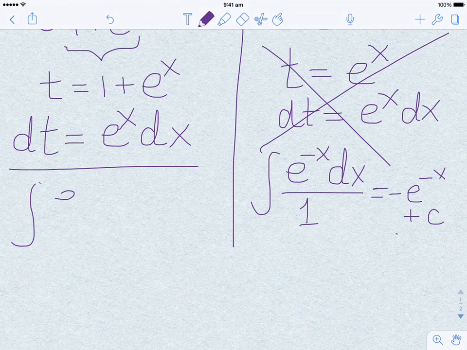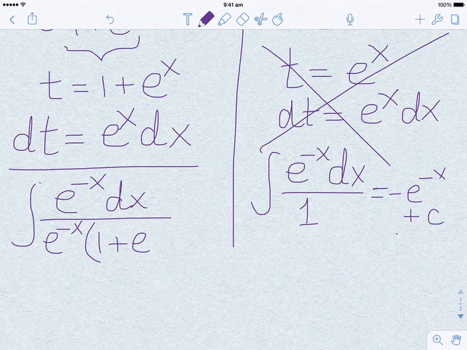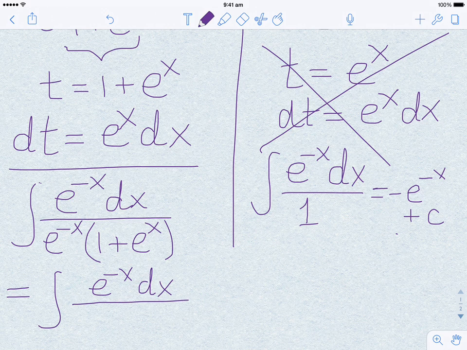What we get is the integral of e to the power minus x dx by e to the power minus x times 1 plus e to the power x, which is equal to the integral e to the power minus x dx by 1 plus e to the power minus x.